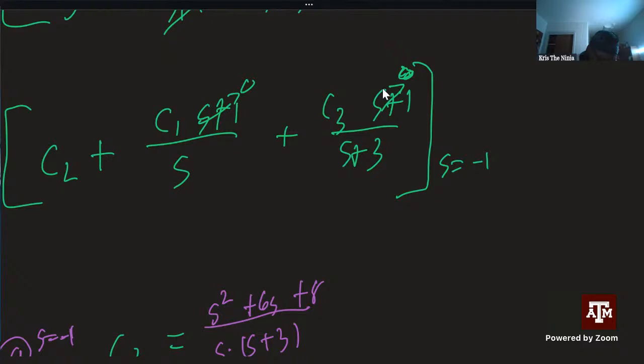And then that equals that equation again, S squared plus 6S plus 8 over S times S plus 1. And we're going to assume we already multiplied it by S plus 3 because the S plus 3 over S plus 3 would cancel to 1.